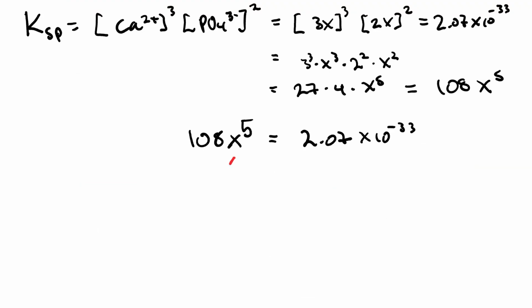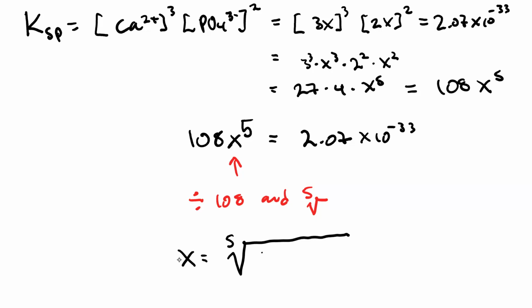So now we need to solve for x. And so we're going to divide each side by 108 and take the 5th root. So we have x equals the fifth root of 2.07 times 10 to the negative 33 divided by 108.